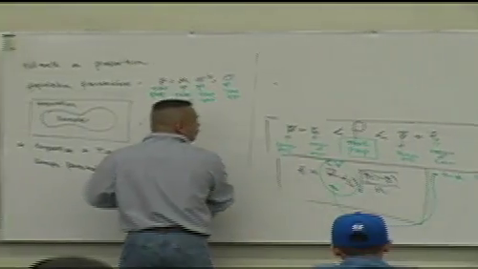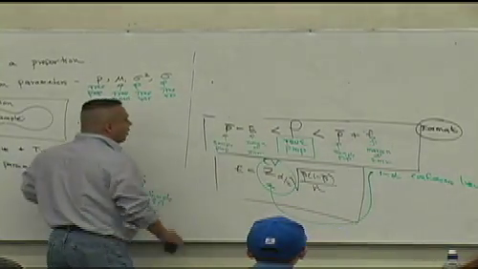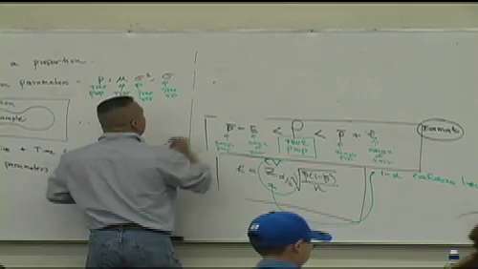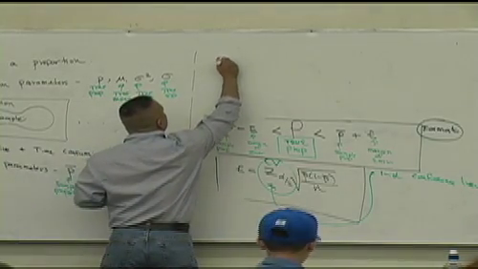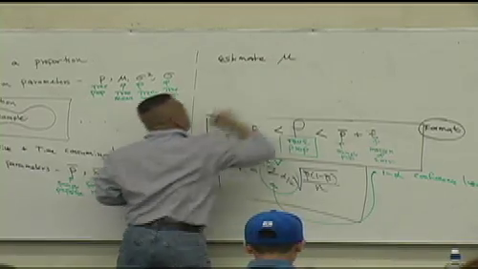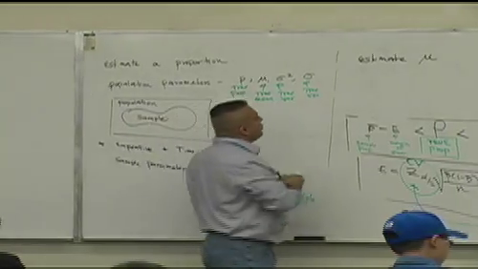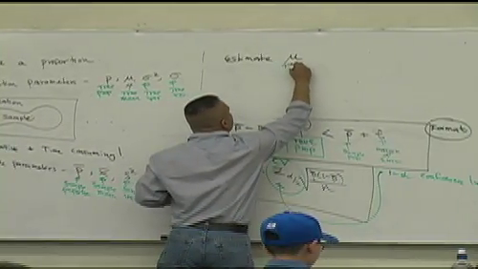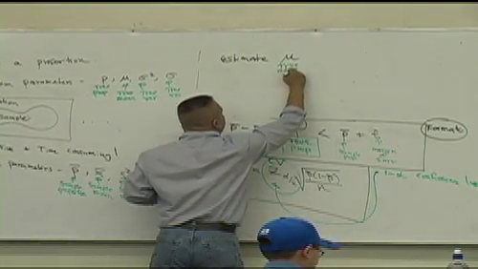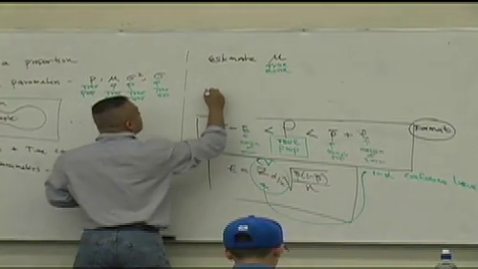This is the format that you use when you estimate the true proportion. Okay? You also have a format that you use when you estimate the true mean. Estimate mu. Mu is a true mean. So here's the format.